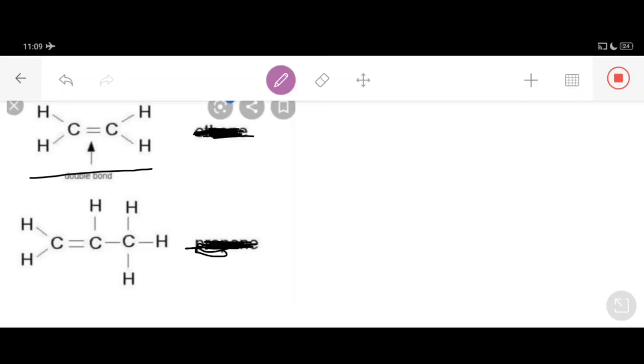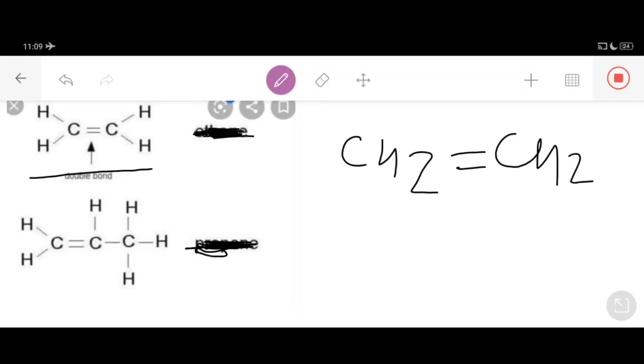We have discussed the first rule, that we are supposed to select the longest chain of carbon compounds. For example, this is a compound: CH2 double bond CH2. Look, dear students, CH2 double bond CH2.